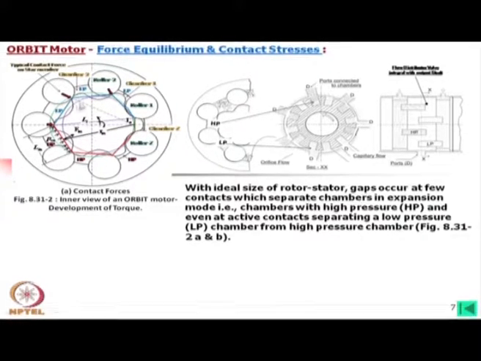So, definitely the beam supports are on the low pressure side, and these two are critical, and we may find that at some instances a gap is generated. Once the gap is generated, there will be leakage. So, estimating such leakage is essential to improve the performance of such a motor.